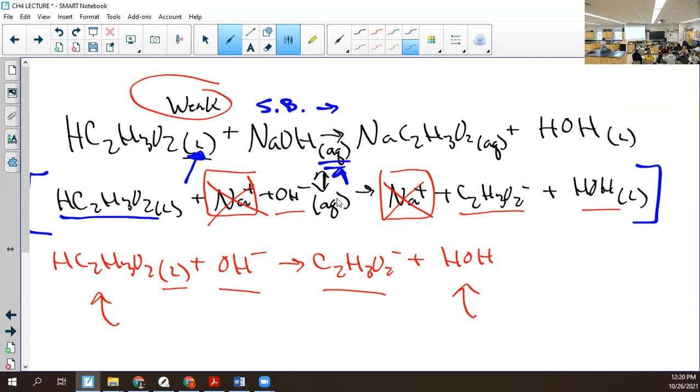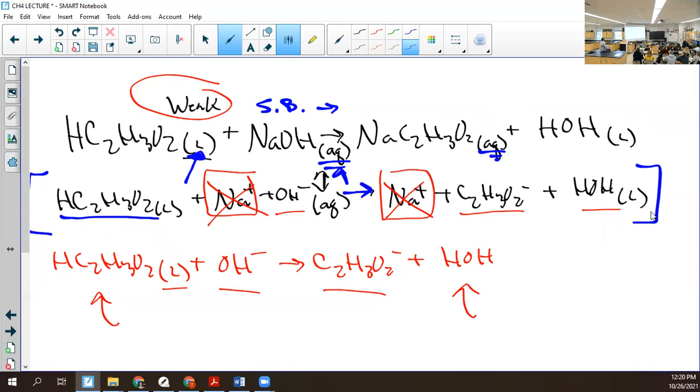Then you have your arrow right here. It makes sodium acetate, which I would look at my solubility chart and I would know acetate never is a solid, right? Not a solid. It's never a precipitate, I should say. All right, so then it stays aqueous plus water, which is a liquid.